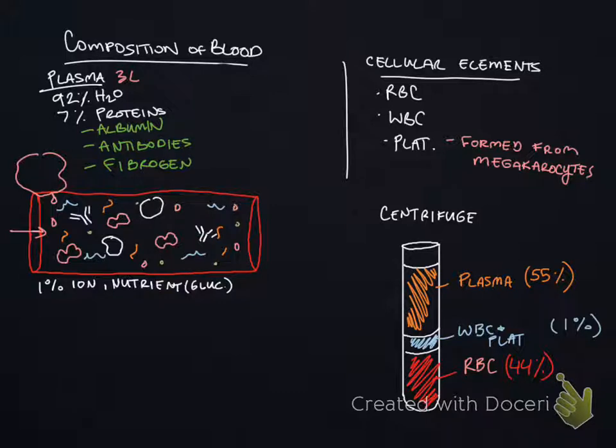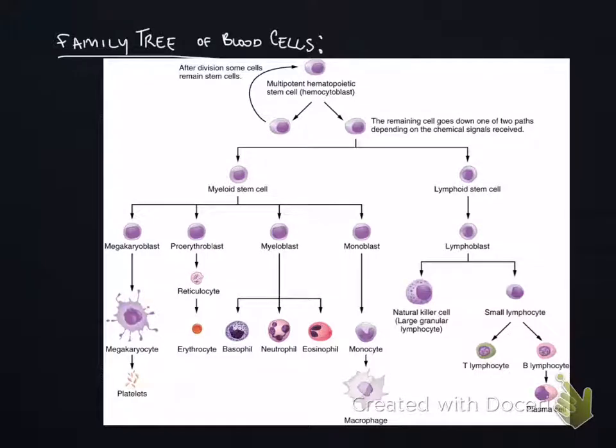Okay, the hematocrit will tell you your oxygen carrying capacity. So that means how much oxygen you might have in the blood. So not enough red blood cells can also lead to things called anemia. All right. Okay, so this here is the family tree of blood cells.